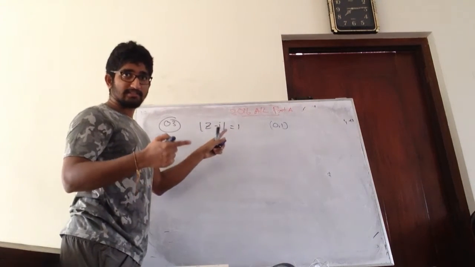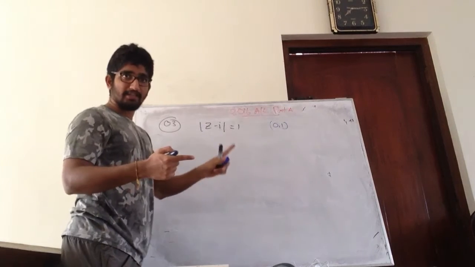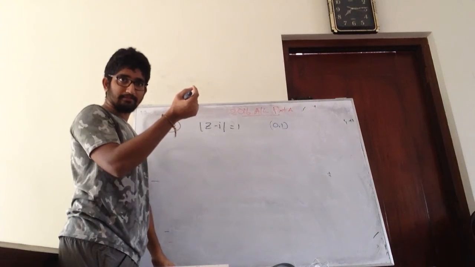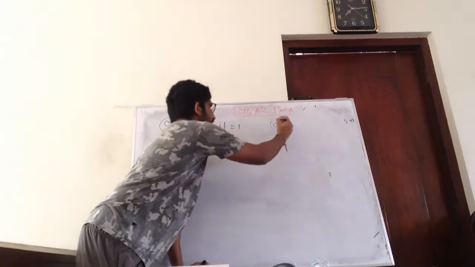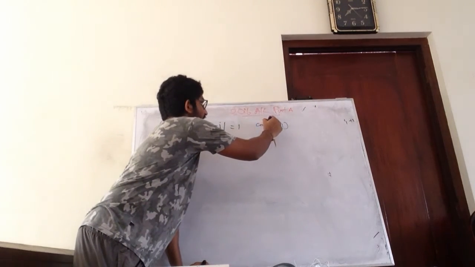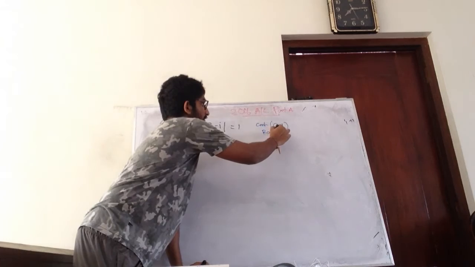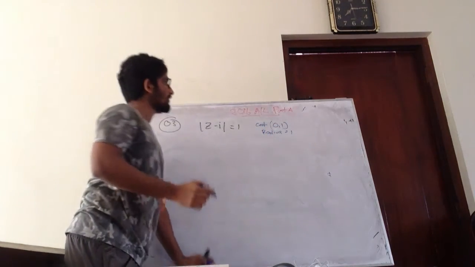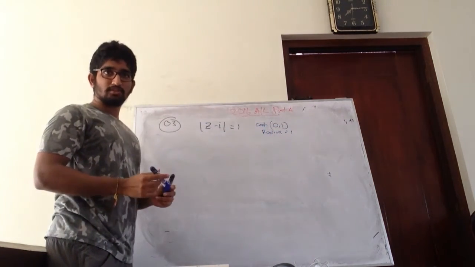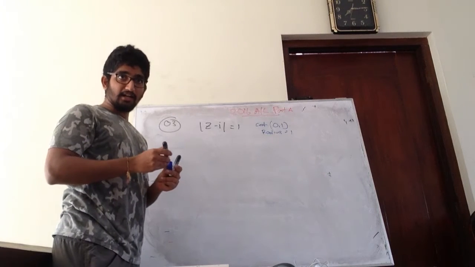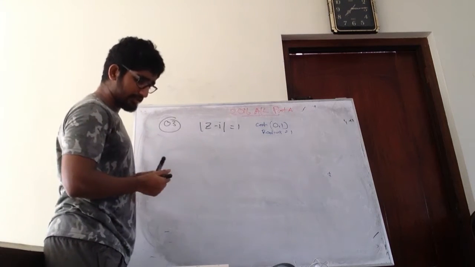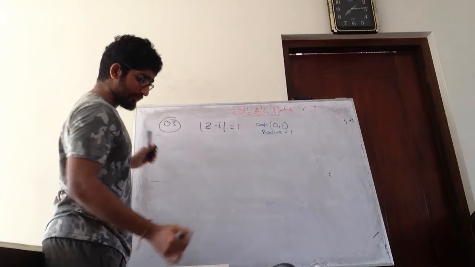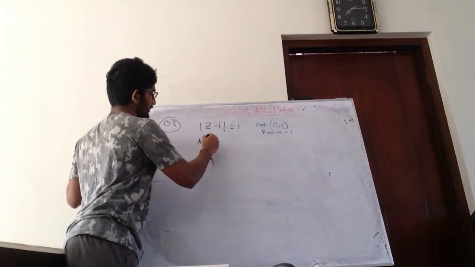So the center will be 0, 1. That means on the y-axis only, this is the center, right? And then the radius is 1. So that is what this signifies. Then they are saying that is the other one.